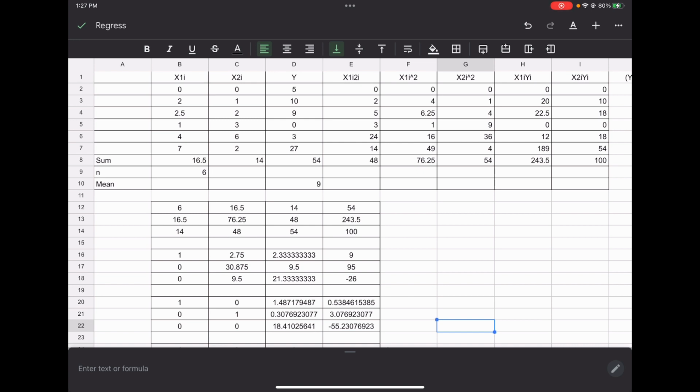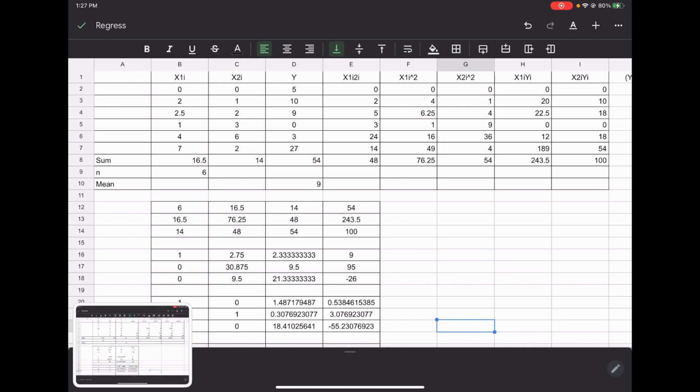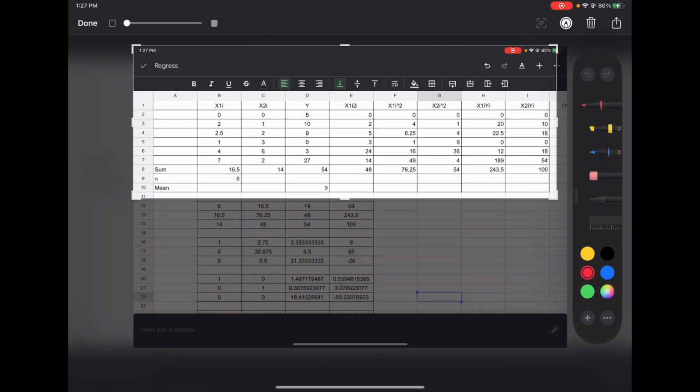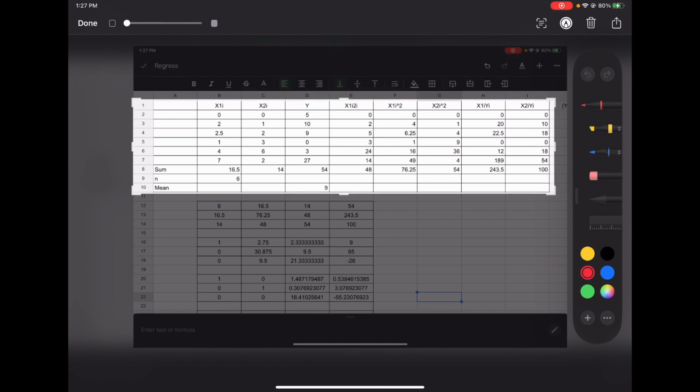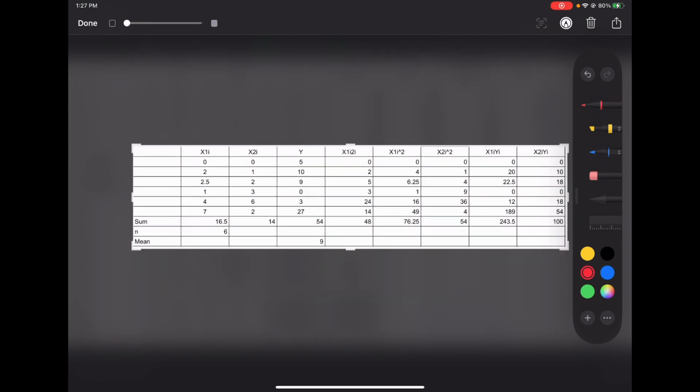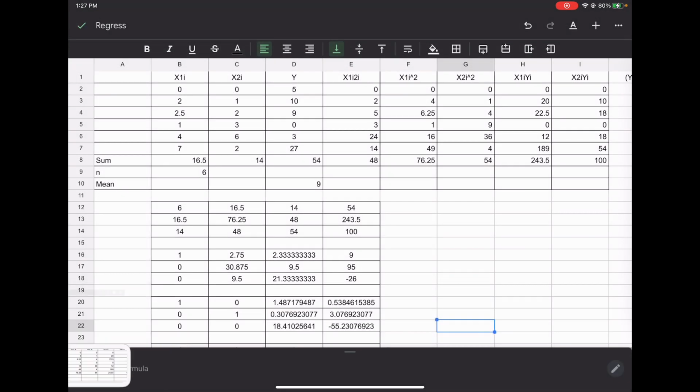So I'll capture this. Then the other one.